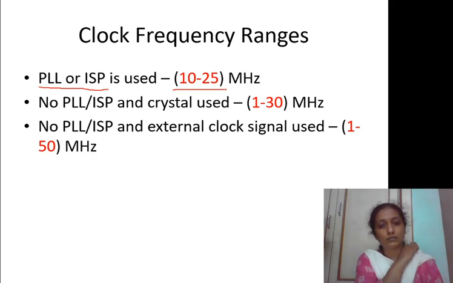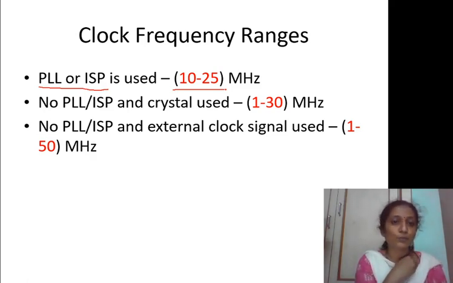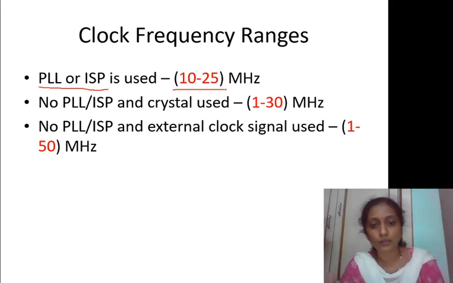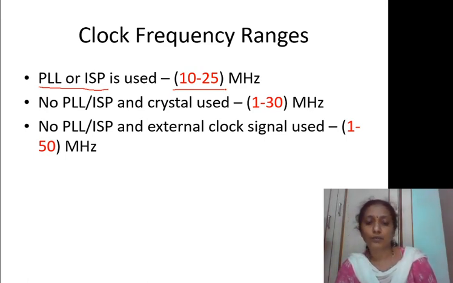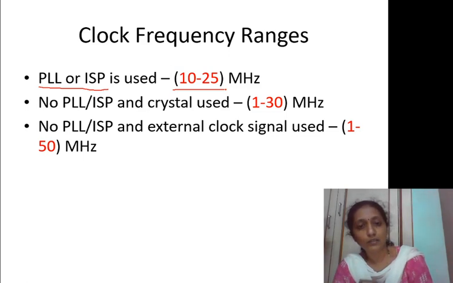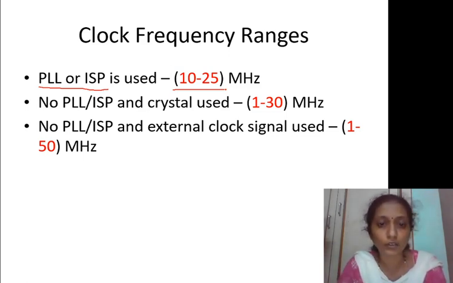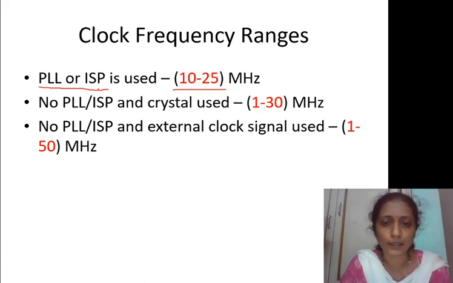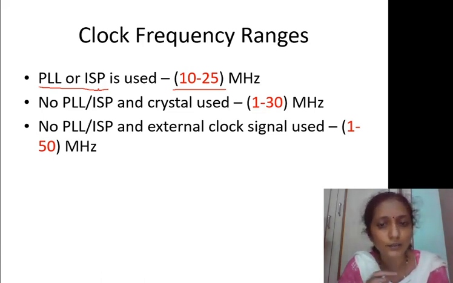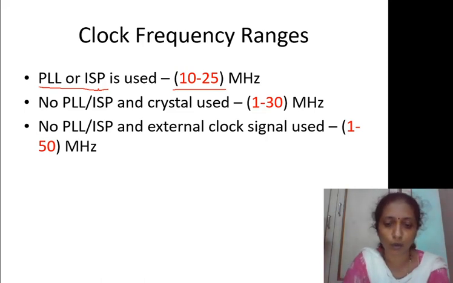It means you have to give only 10 to 25 megahertz if you are going to use PLL there. That may be your crystal or your external clock signal. If you use PLL or ISP, you have to provide 10 to 25 megahertz, either crystal or external clock signal.